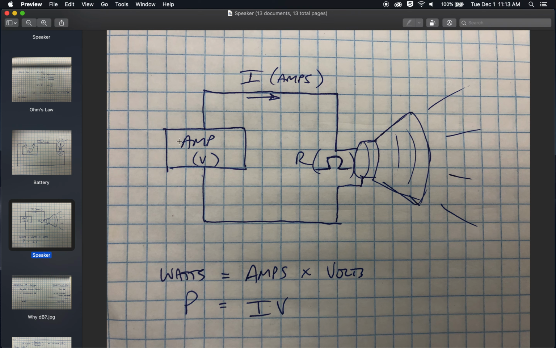And over time, and probably not over too much time really, this amplifier is going to overheat and components are going to start to fry up, and eventually you're going to blow up your amp. So you want the amp rated for at least probably 3 times what the speaker you're driving can handle.